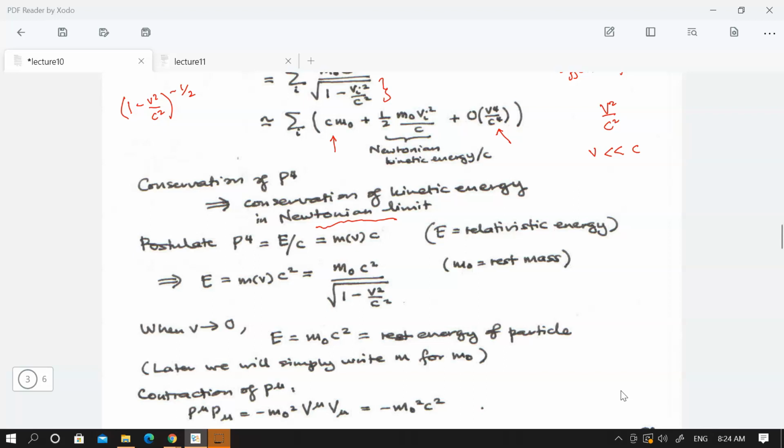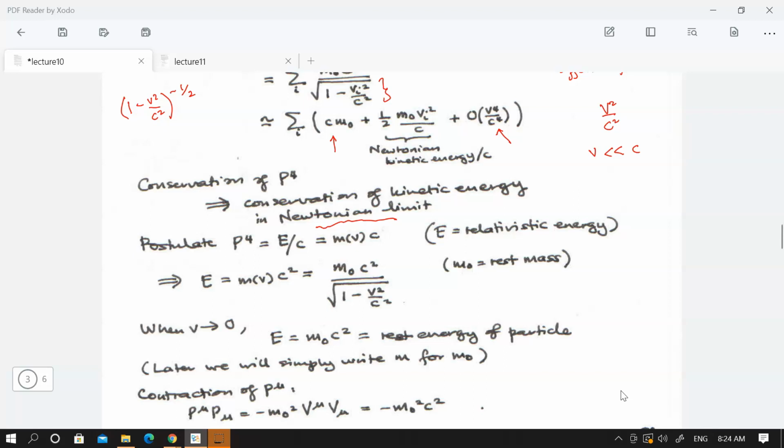So let's posit the idea that the fourth component of your four momentum is simply the relativistic energy divided by the constant c, because you can see that this particular form is just your kinetic energy divided by c.